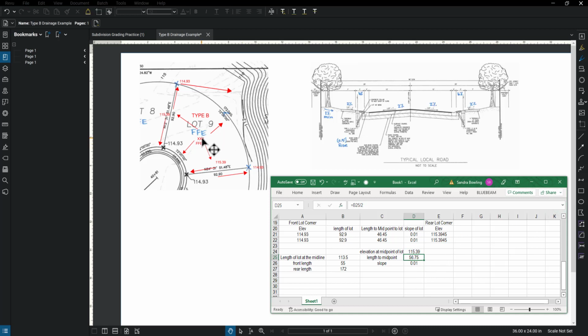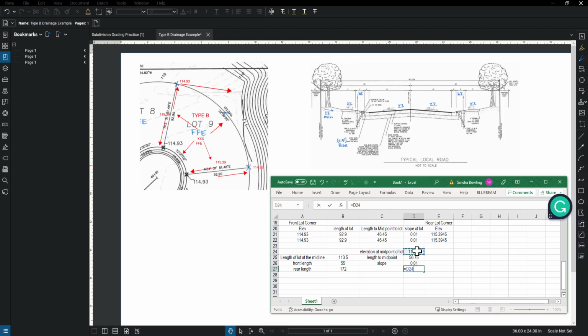So if I want the elevation of this dead center, I would look at which midpoint is higher, because that's going to give me the highest elevation on the lot. These two are the same, but let's pretend this one was higher. You pick the higher one, you set it here and go, okay, I've got 115.39. I know the distance to the center of the lot is 56.75 feet, and I know the slope to the center of the lot is 0.01.